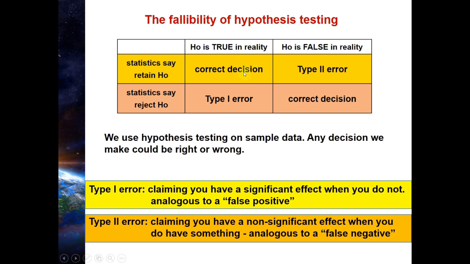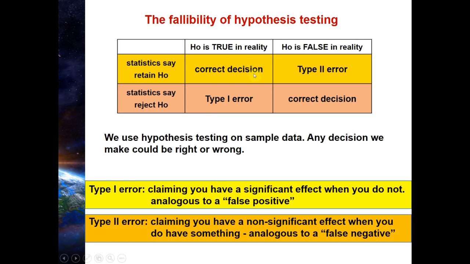But when we work with samples, remember that we're only estimating. When we work with samples, we don't have all the data. So what this means is that when we work with samples, we may come to correct decisions or we could be making mistakes. All right, and that's the nature of the beast. When we have incomplete data, we do our best not to make mistakes, but they can still happen.